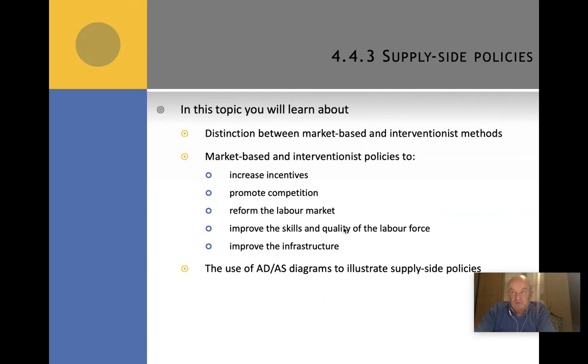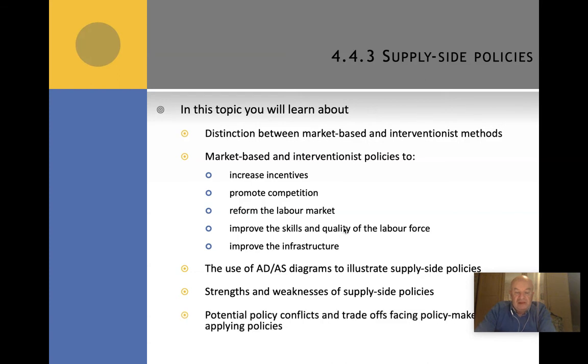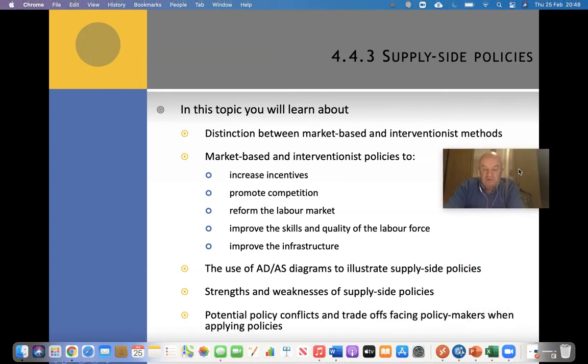And if you remember the 4 factors of production, the supply side policies are generally all about trying to improve the quality of those factors or the quantity of those factors available, as we'll see as we go through this. We'll look at some of the strengths and weaknesses of supply side policies, and also we should take a look at the potential conflicts, policy conflicts that might be facing policymakers when they're trying to apply these policies.